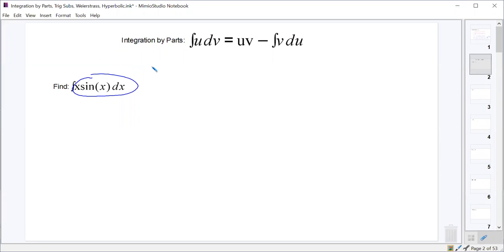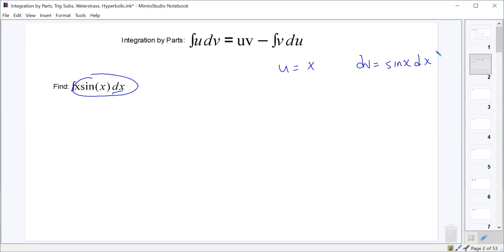Sine x. So we're going to let u equal x, and then we're going to say that dv is equal to the rest of it, which is sine x dx. And so now you can probably see how that dv is getting the dx attached to it, because we're taking the integral originally of something that's all in terms of x.